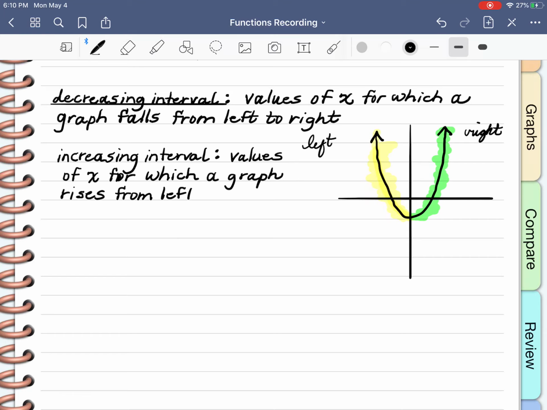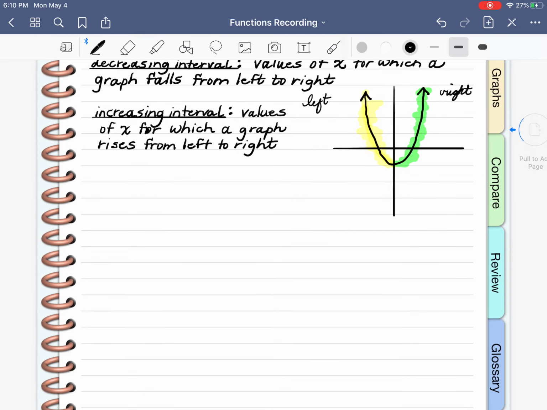Climbs. Any word that you want to use is fine. I like rises. So that's the green interval that I drew there. So we have decreasing, and then we get a turn, and we have increasing from left to right.